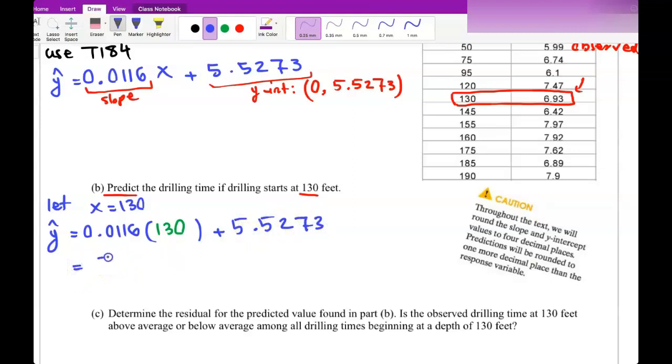That is equal to 7.035. So this is predicted.